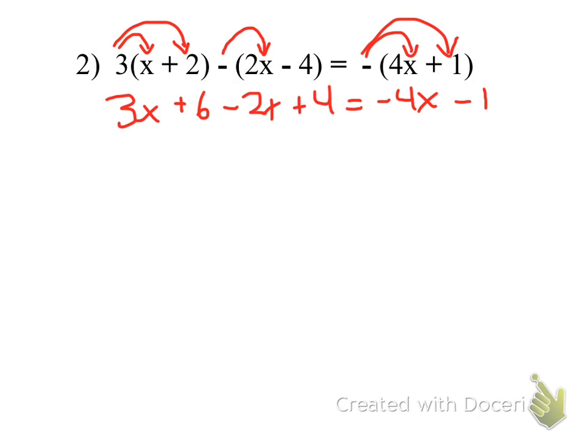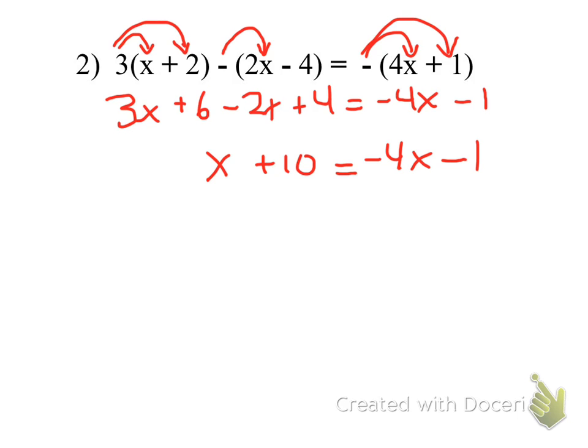Who's this right here next to Luke? Brianna. I combine 3x and 2x. And that makes x. And what else can we combine on that side? 6 and 4. And that makes 10. Plus 10 equals negative 4x minus 1.